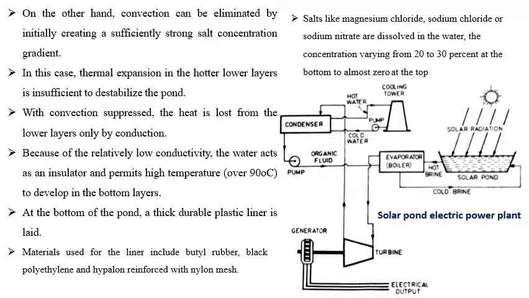Then the brine is pumped to the condenser, where it is cooled, and then again it is supplied to the solar pond. In this way you can generate electricity from the solar pond.